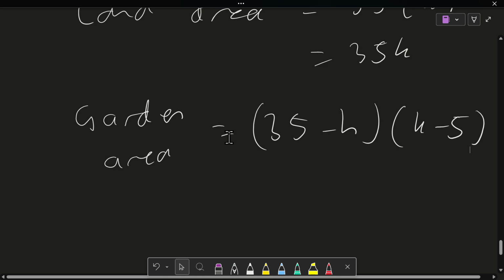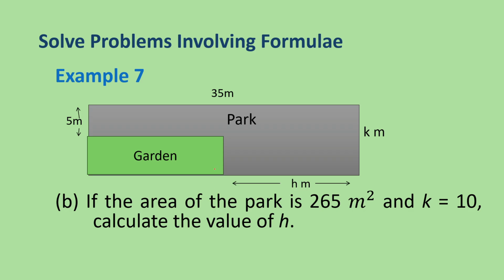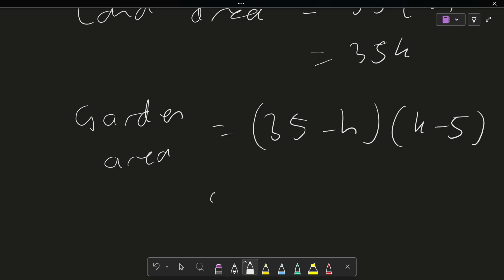Okay, therefore we were given that k equals 10.